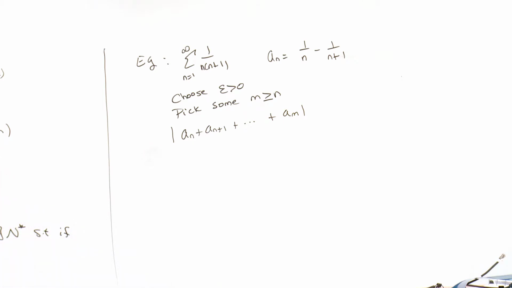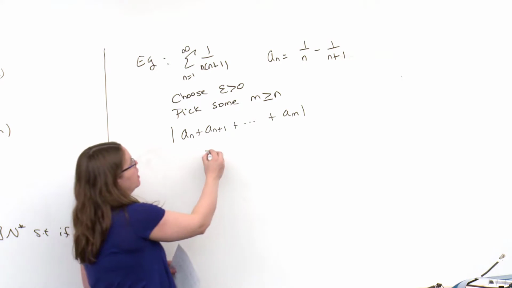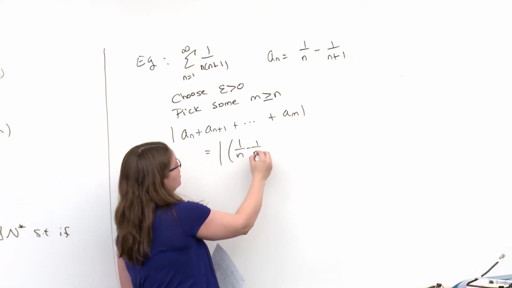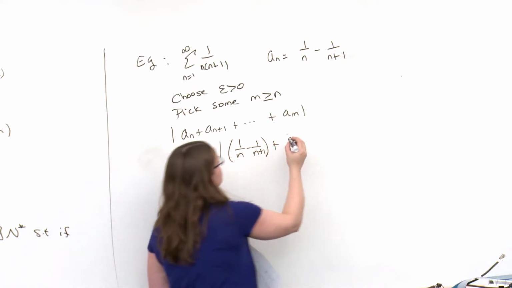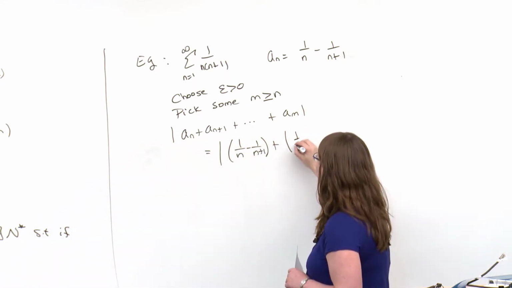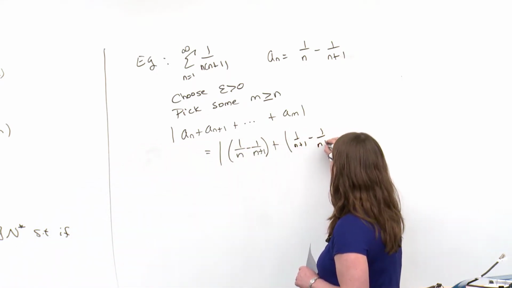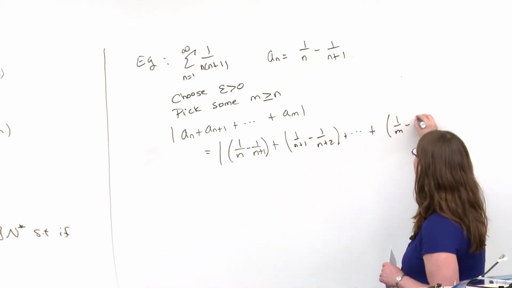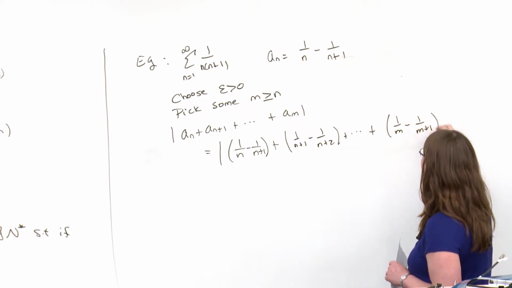So these are not our partial sums anymore. These are just leftover terms. Okay, and what does that look like? We get 1 over n plus 1 minus 1 over n plus 2, plus 1 over n plus 2 minus 1 over n plus 3, all the way down to 1 over m minus 1 over m plus 1.